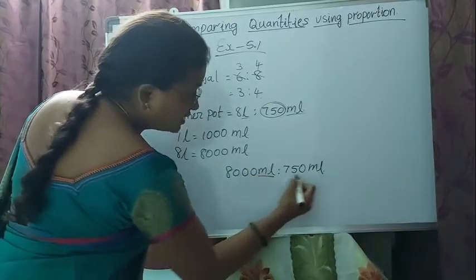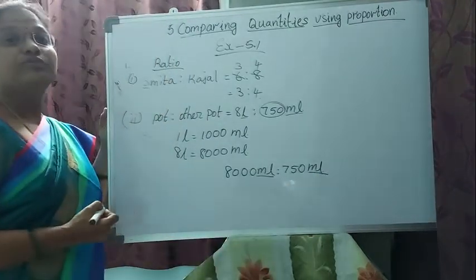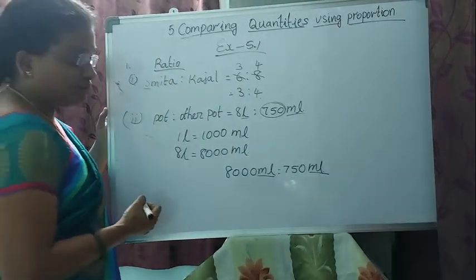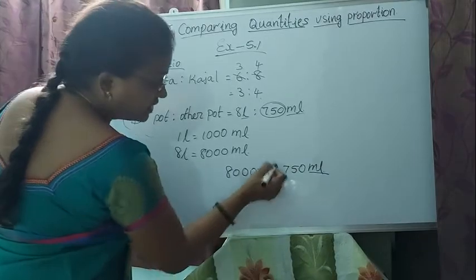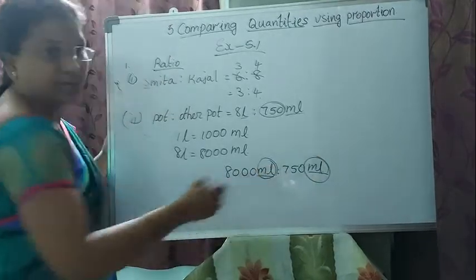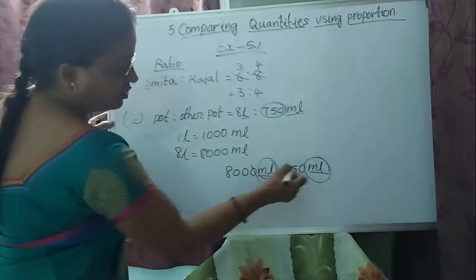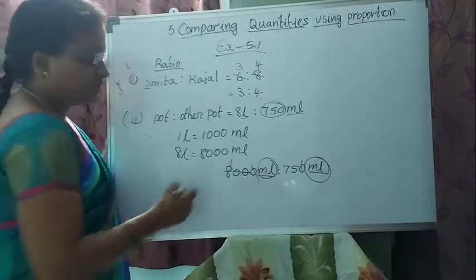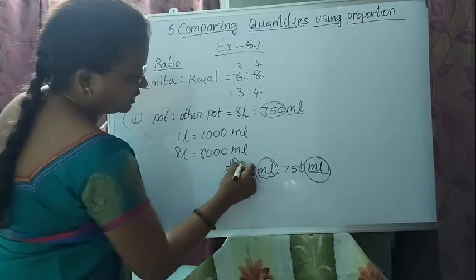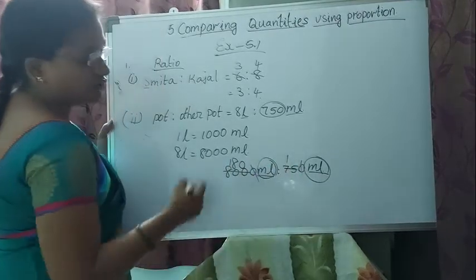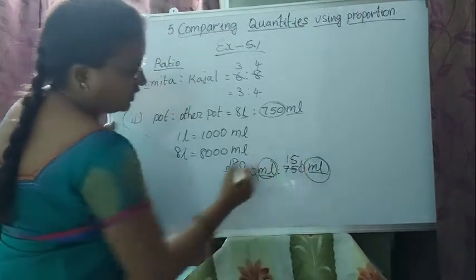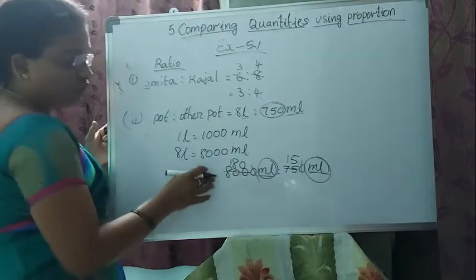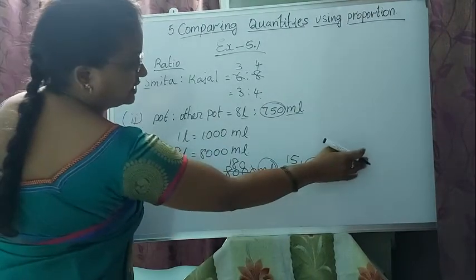Units should be the same before writing the ratio. Now you can cancel. 5 ones are 5, 5 8s are 40, 5 5s are 25. If you don't know how to cancel here, you can divide it separately.